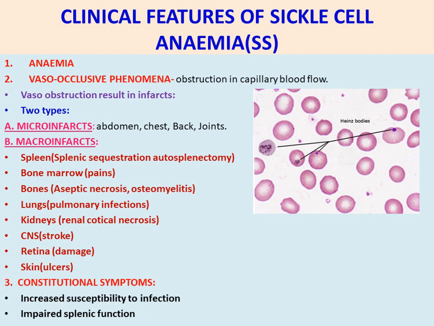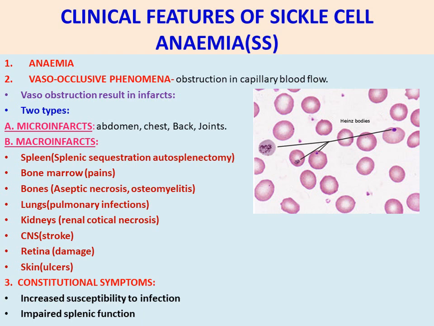Vaso-obstruction results in infarcts. Two types of infarcts: micro-infarcts and macro-infarcts. Micro-infarcts are in the abdomen, chest, back and joints. And macro-infarcts are in the spleen, bone marrow, bones, lungs, kidneys, central nervous system, retina, skin. In the spleen it causes splenic sequestration and autosplenectomy.